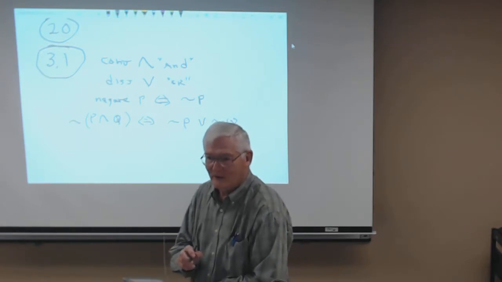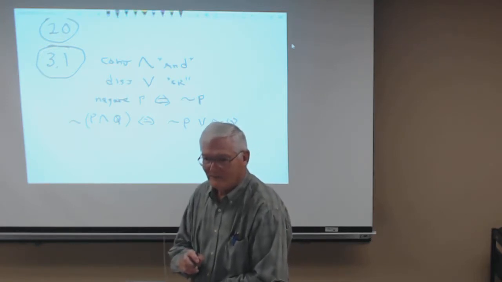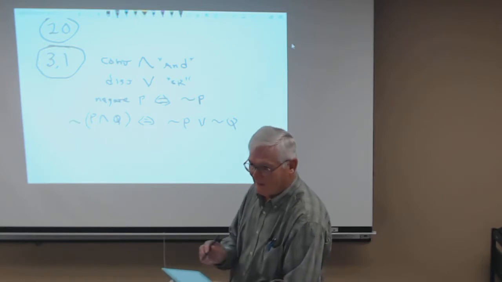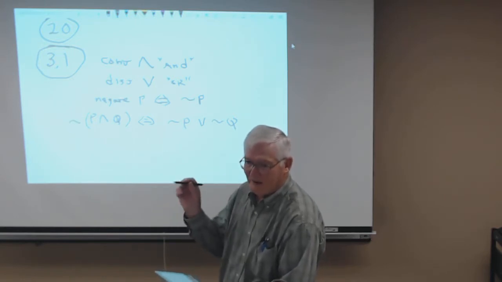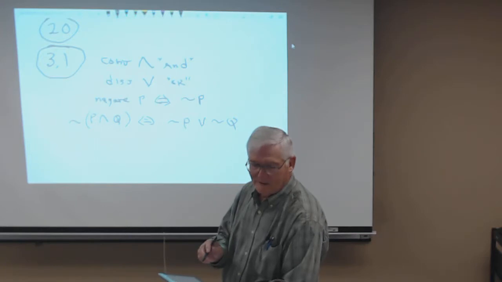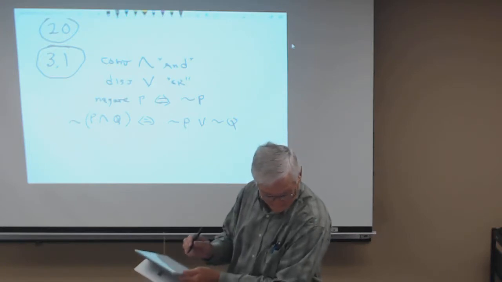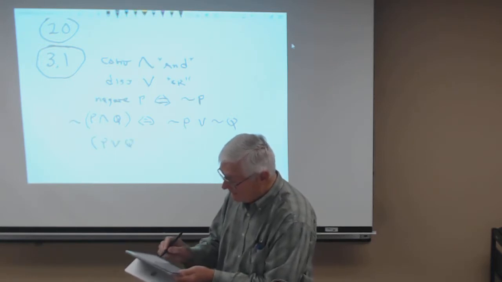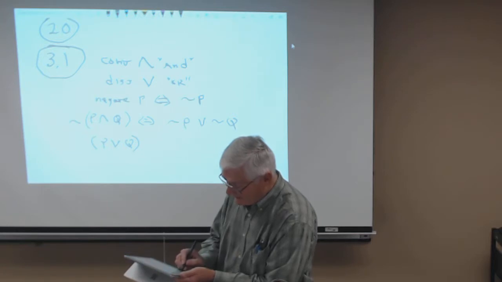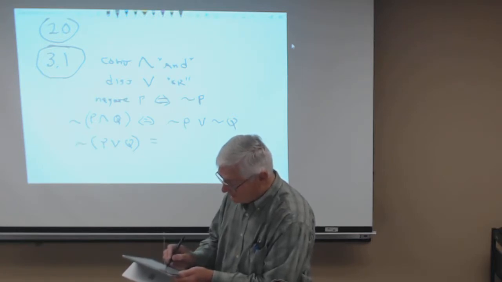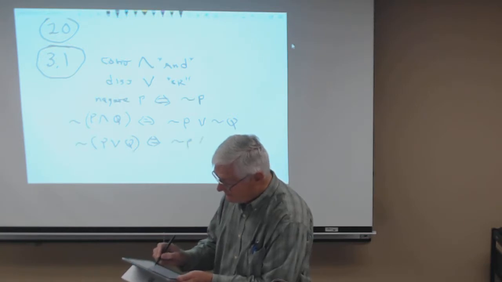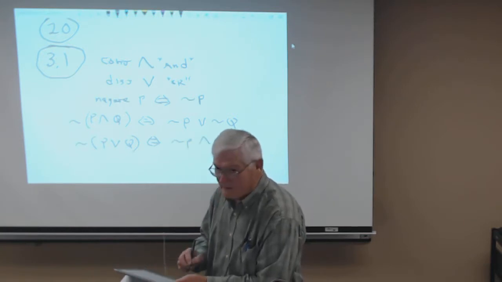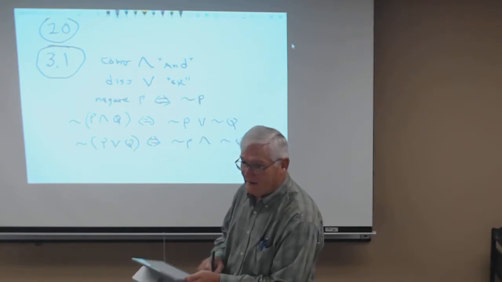Are you already wanting to count to 3? Then go ahead and do it. And then write on your notes TS. Then I'll give you another one. The next one is not (P or Q), see how I read that? Not (P or Q) is equivalent to not P and not Q. Go ahead and write TS by that one too.